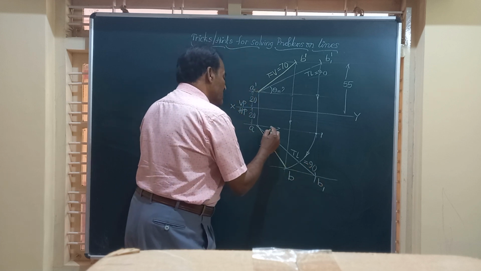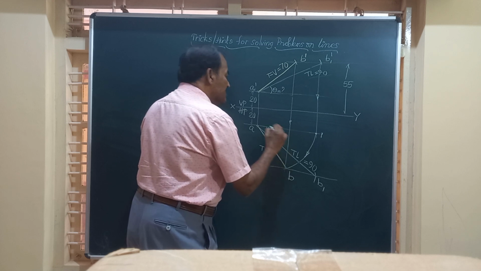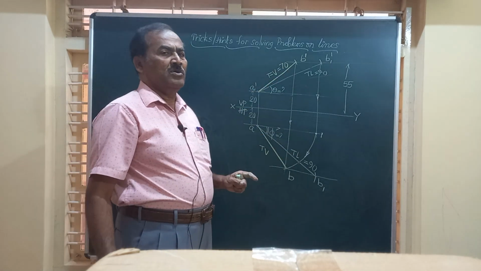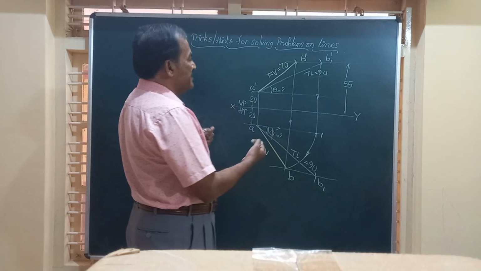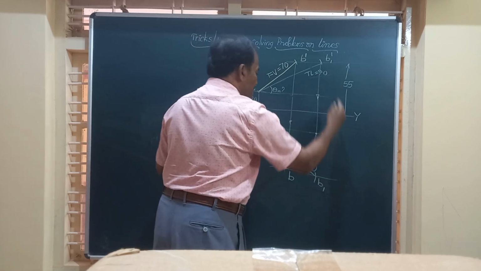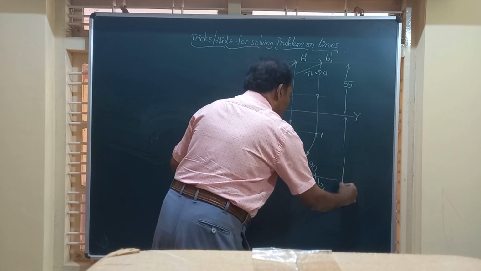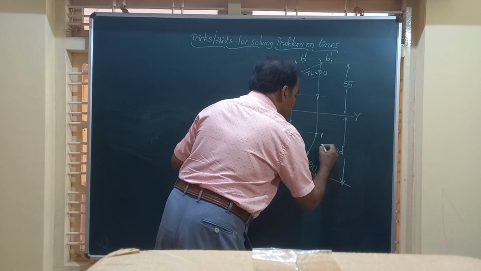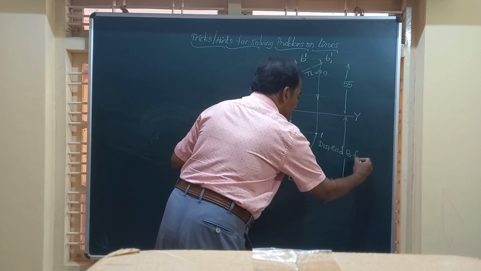Also you can measure the angle made by the line with the VP, that is phi. After completing this problem, what additional details can be asked in the question? Friends, here the distance of B from HP is given. They might ask you to find the distance of the same end B from VP.